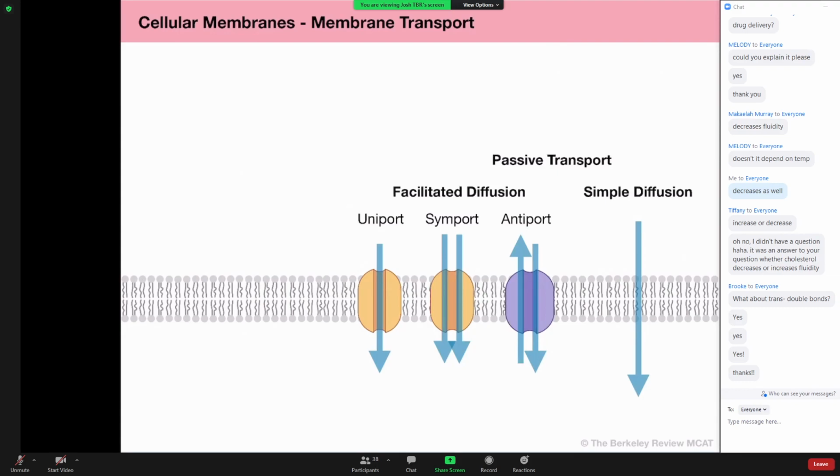Facilitated diffusion needs transmembrane proteins, and the interactions between transmembrane proteins and specific molecules dictate their ability to go through. Again, for facilitated diffusion, it goes from a high concentration to a low concentration, with the concentration gradient.